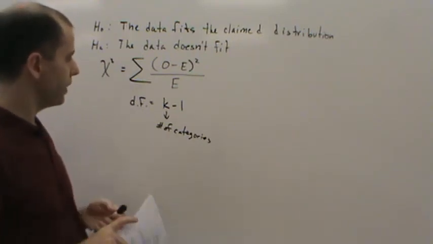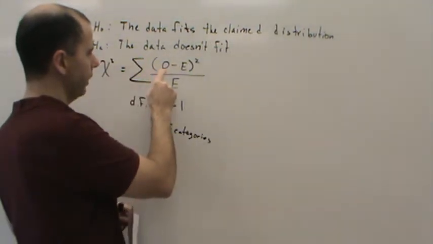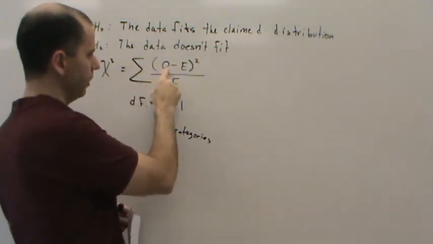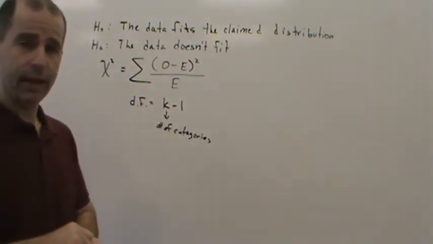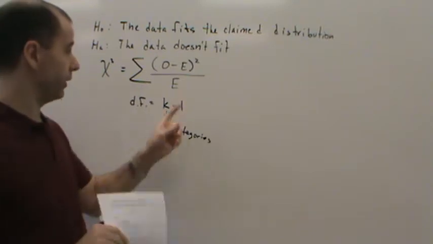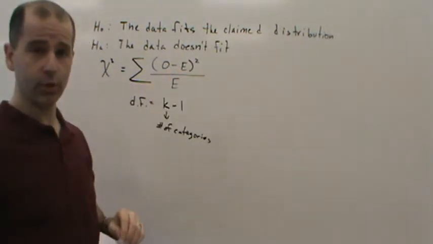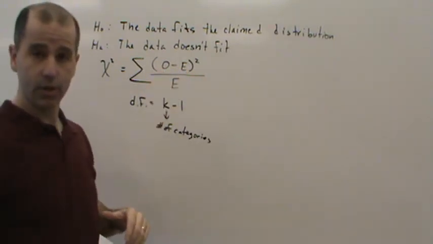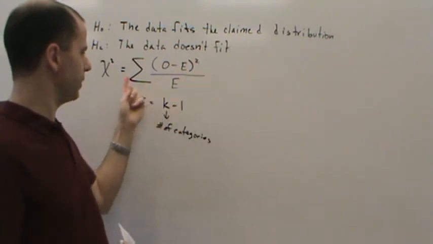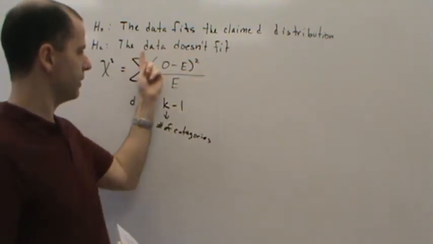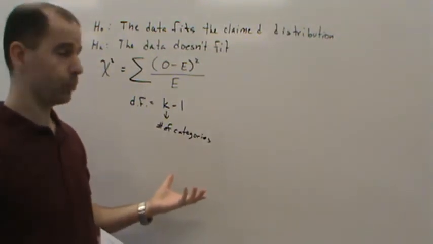Then we would have our observed values pretty close to the expected values, right? If the data fits the distribution, the values we calculated as expected should be pretty close to the observed ones, which means this difference should be pretty small. And so if we calculate this test statistic, it should be pretty small.